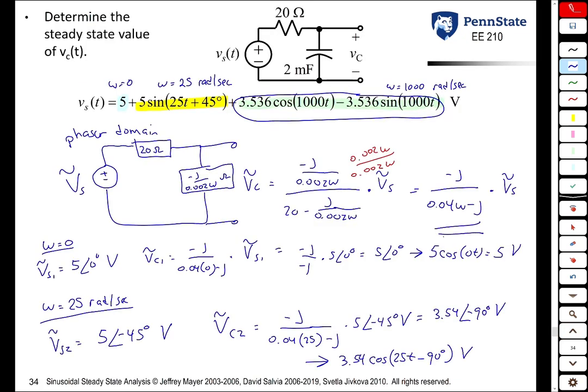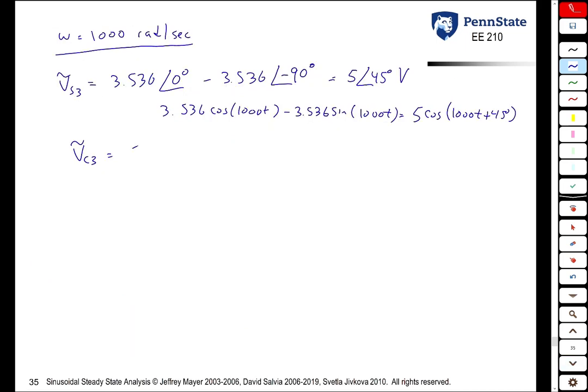This expression here, it's minus j over 0.04 times 1,000 minus j, times Vs sub 3. Minus j is 1 at an angle of minus 90 degrees.